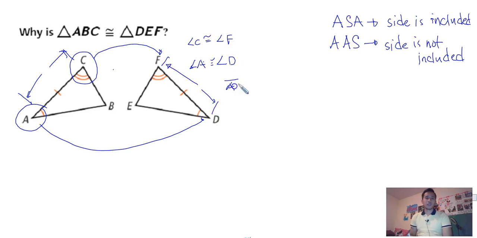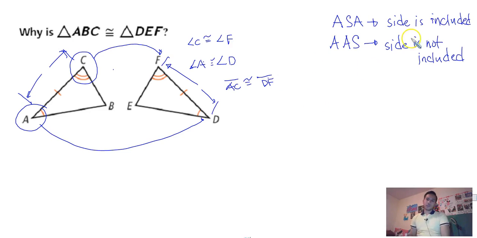Segment AC is congruent to segment FD, or segment DF. Now the question is whether the side is included or not included, so that you have to choose whether it is ASA or AAS.